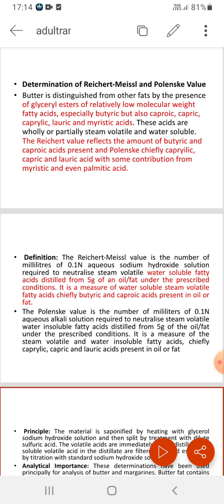So in order to differentiate butter from other oil samples, we can use the Reichert-Meissl value. And in case of palm oil, to check whether it is palm oil or not, we can use Polenske value, because palmitic acid is present in palm oil. So we can differentiate it from other kinds of oils and fats by checking Polenske value.